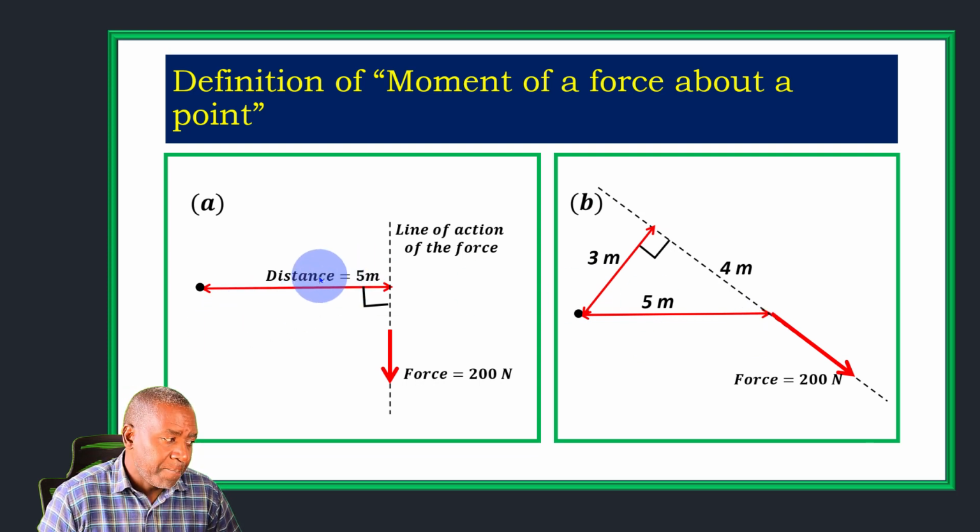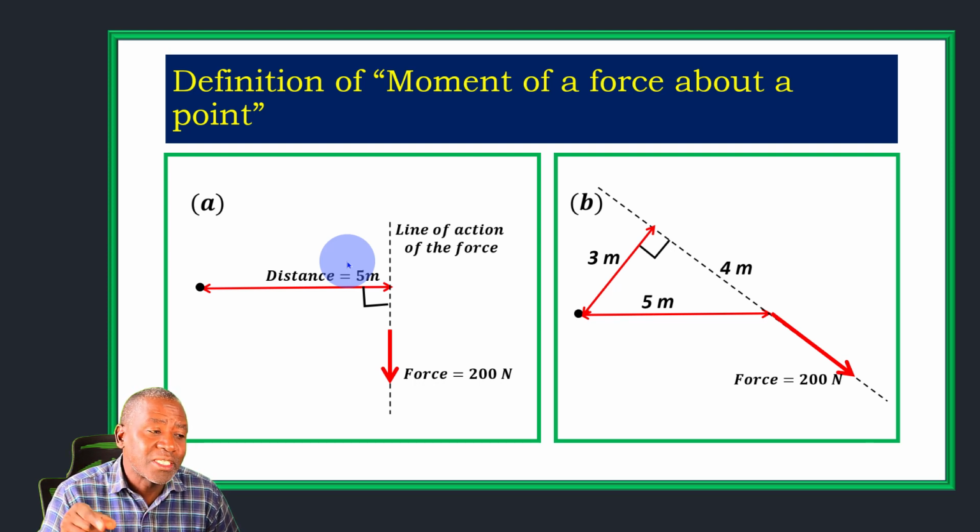Because over here, you had a distance of 5 meters, which is perpendicular to a force of 200 newtons. The moment due to this 200 newton force about point O is the force itself, 200 newtons times 5 meters, and you get 1000 Newton meter clockwise. I'll explain why I'm using the word clockwise in a moment.